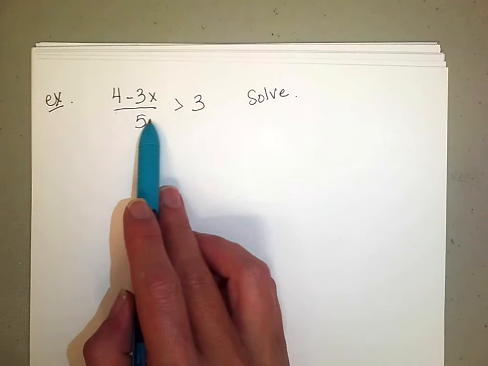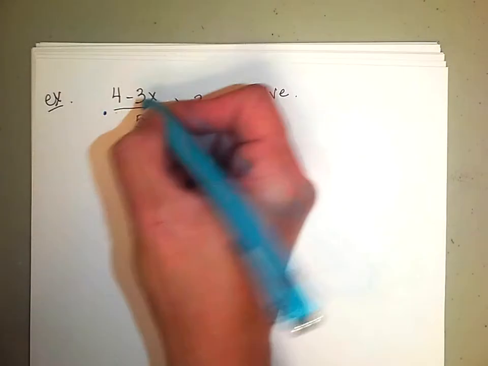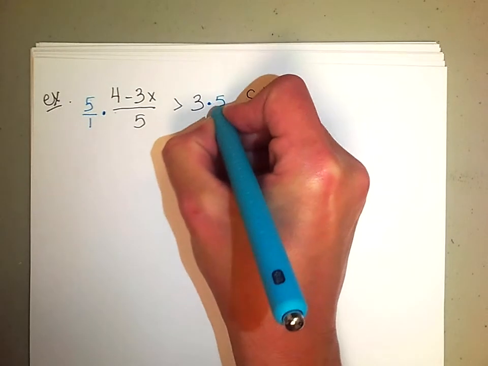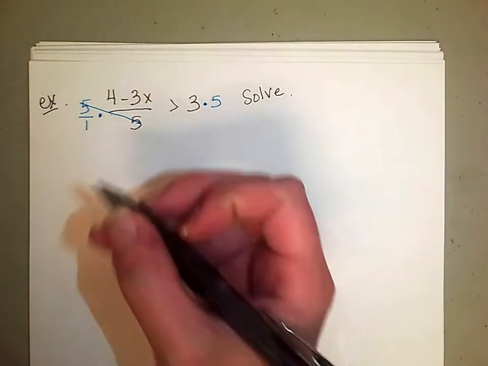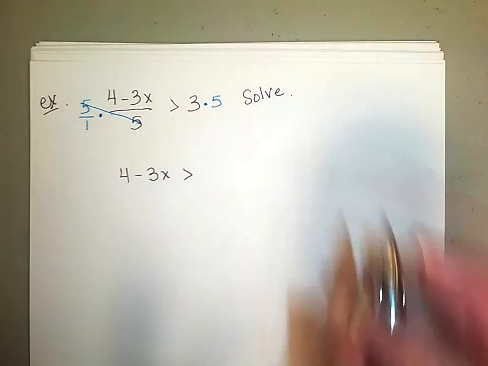And here's a fraction, and I don't like that fraction. It's easier to get rid of fractions, so I could just multiply both sides by 5. And then these would cancel. So that 4 minus 3x is greater than or equal to 15.